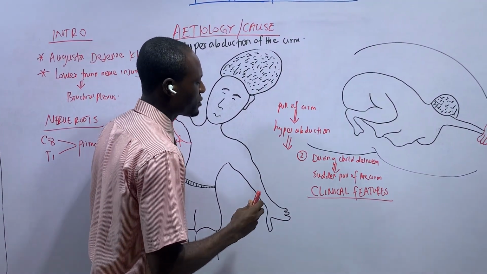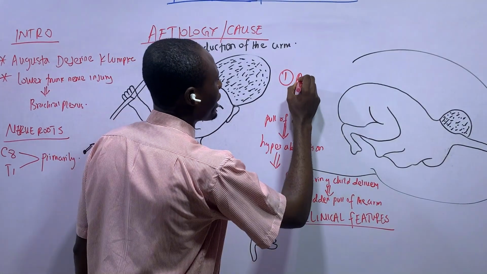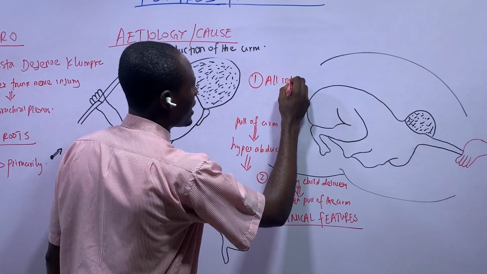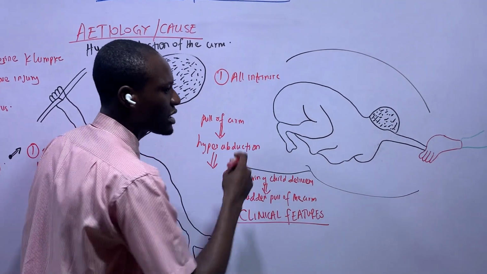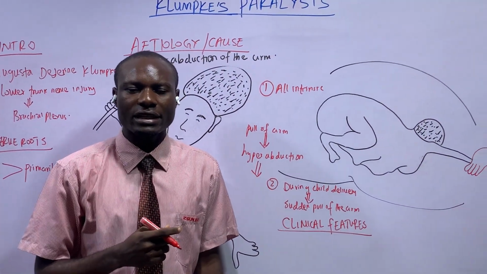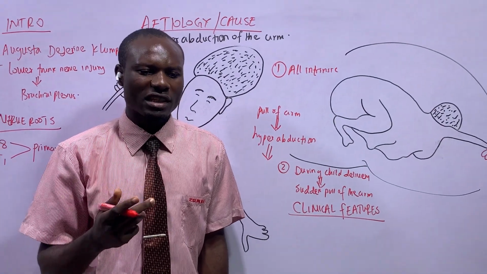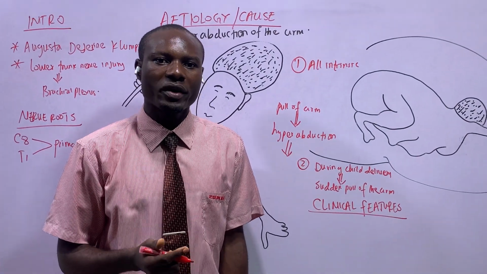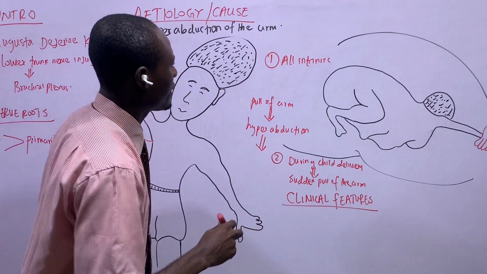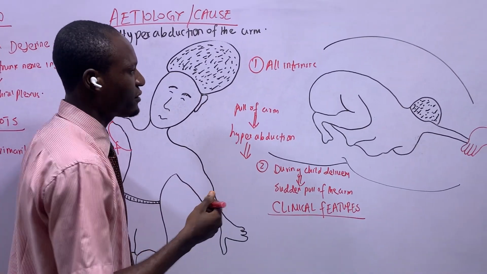So the muscles that will be affected are all the intrinsic muscles of the hand, both the palmar and dorsal interossei and the lumbricals, okay? The lumbricals, especially the medial two lumbricals, will be affected, right? Because the lateral two lumbricals are actually supplied by the median nerve.